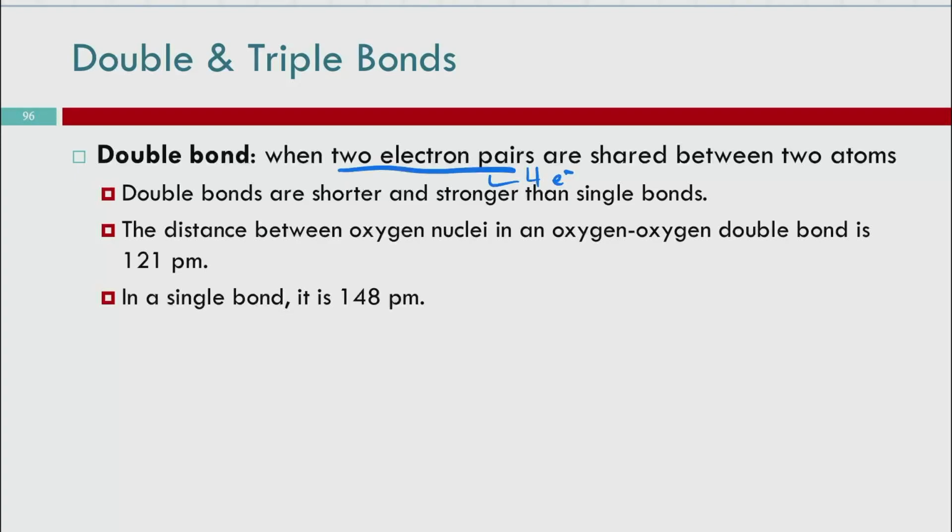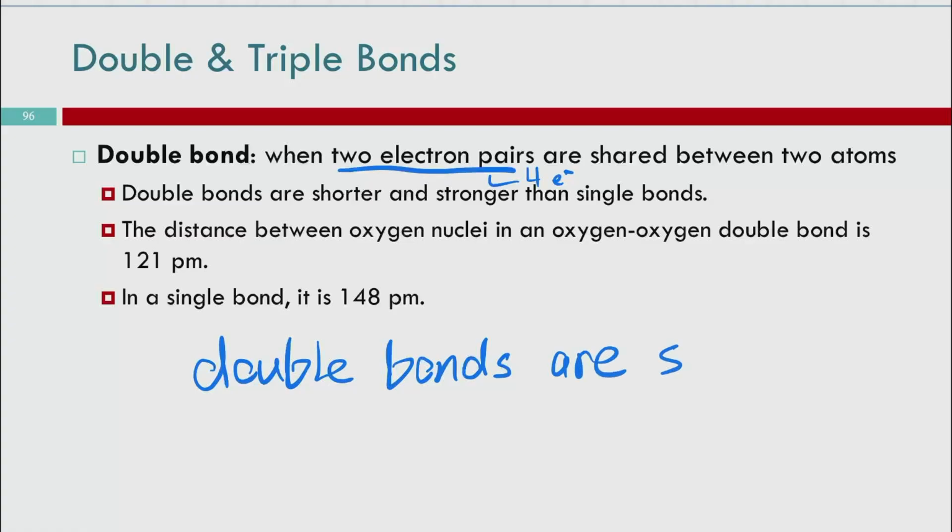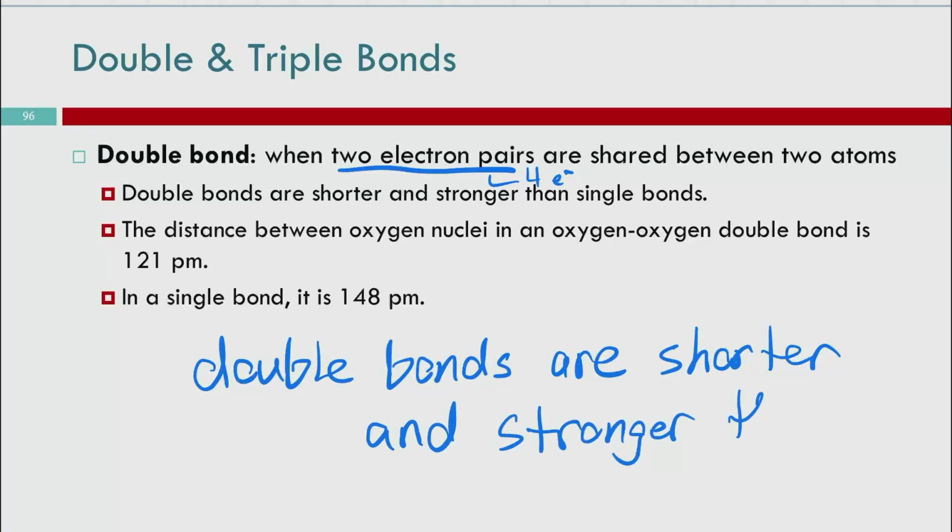Our double bonds are shorter. They're pulling more. And they're also stronger than single bonds. So double bonds are shorter and stronger than single bonds.